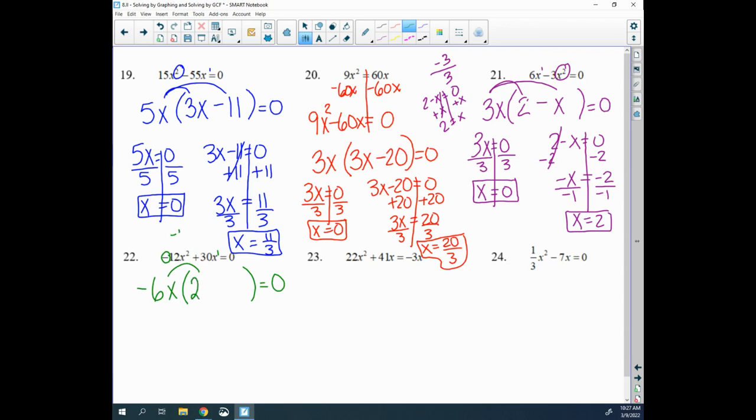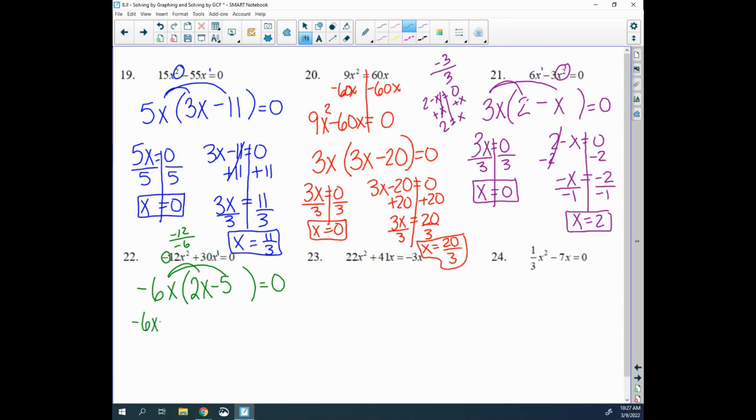Again, it's like saying I have negative 12 and I'm dividing a negative 6 out of that. I had 2 x's, but one of them left the building, so we're still left with one of them. Negative 6 times what would give me 30? In other words, what's 30 divided by negative 6? Negative 5. And then we had an x, but he left. Again, check, redistribute. Make sure you get what you started with.